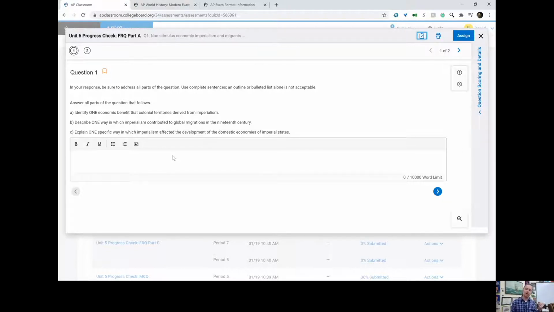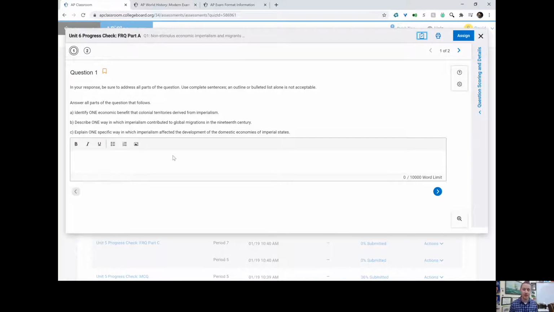But what you can't fall into doing is just talking conceptually about imperialism during this time. You got to get into the details. And when it says 1, that means 1. Don't give 2, don't give 3. You only have space, and you certainly only have time to talk in detail about one thing, one specific economic benefit.